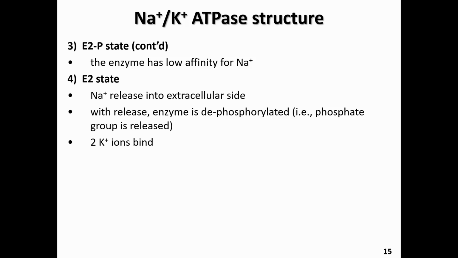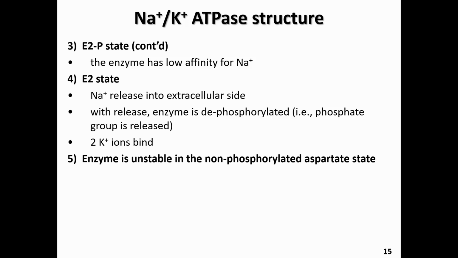At this point, the binding site for 2 potassium ions outside the cell is available, and the 2 potassium ions will then bind to the protein. The enzyme is unstable in the non-phosphorylated aspartate state, because of the release of that phosphate.